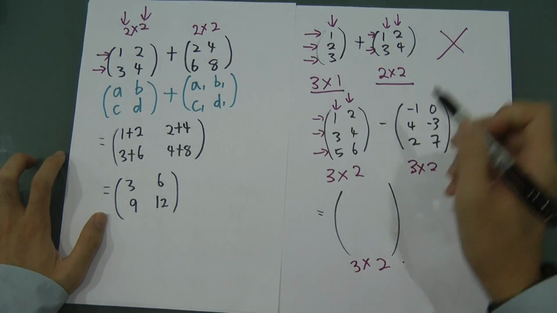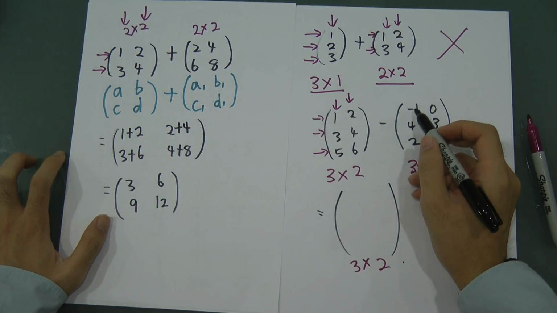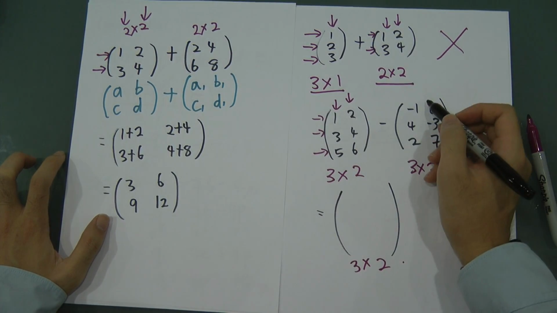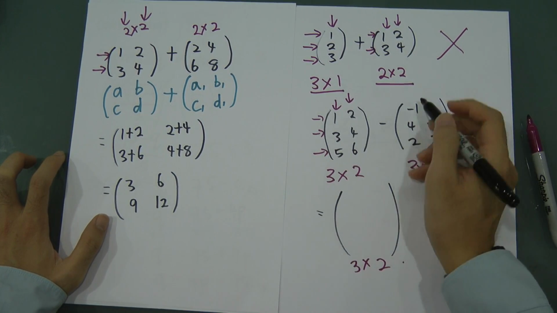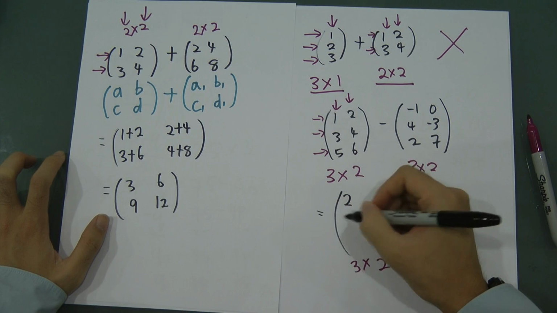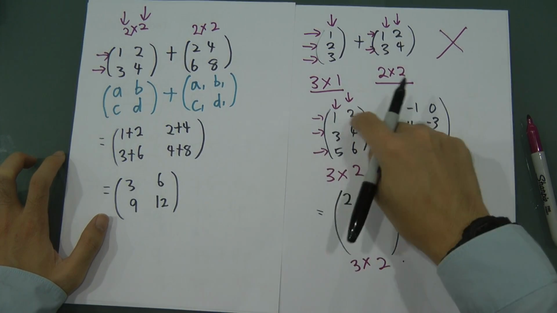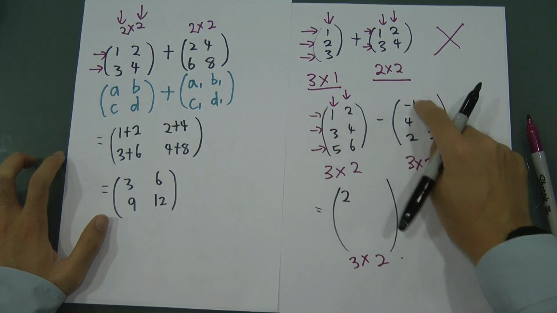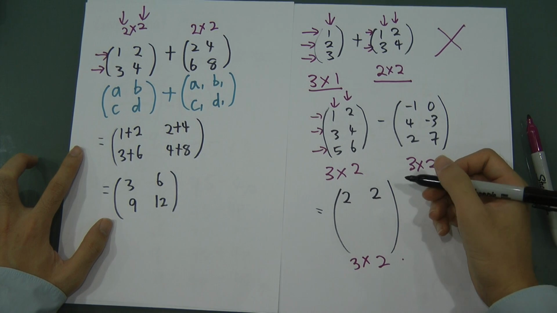So therefore, I'm going to solve this one. 1 minus negative 1 means 1 plus 1, because negative becomes positive, right? So 1 plus 1, I got 2 for the first one. Maybe you want to label them A, B, C, D, E, F. Okay, for A. And then for B, 2 minus 0, I got 2.